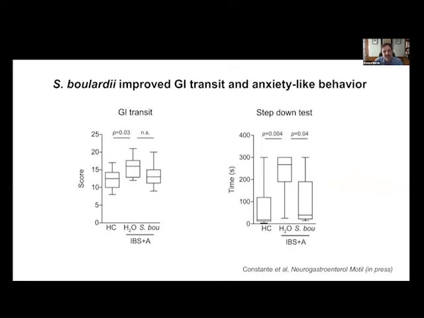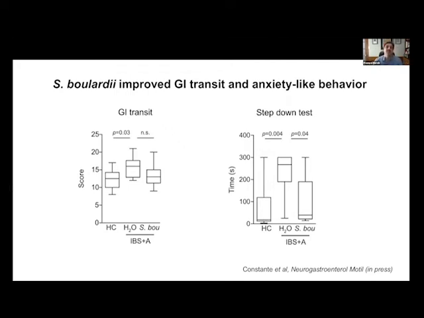In this study, we used a model of humanized mice, colonizing germ-free mice with microbiota from either a healthy individual or a patient with irritable bowel syndrome with comorbid anxiety. The second group was given either water alone or Saccharomyces boulardii, which is a known probiotic used commercially.